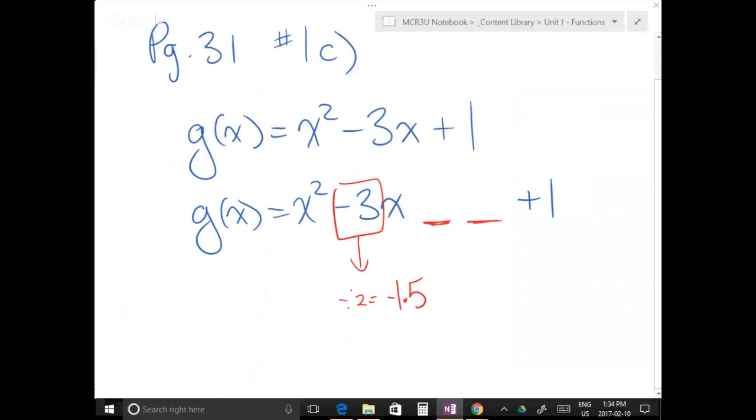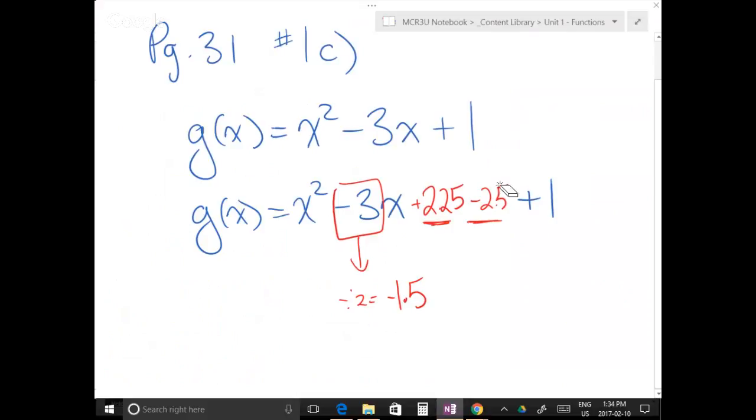What do I have to do with it? I have to square it. What's 1.5 squared? 2.25. Is that true? Yeah. So I would do plus 2.25, and then I would do minus 2.25. Does that make sense?